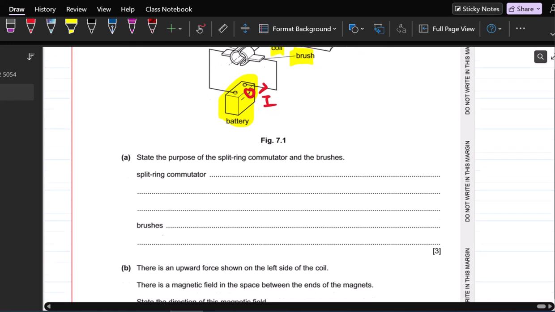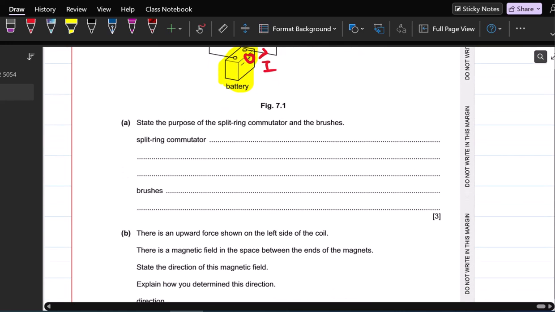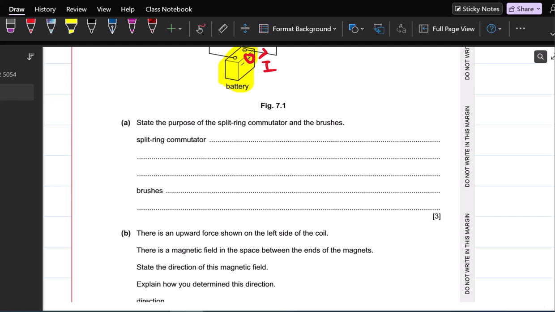So state the purpose of the split ring commutator and brushes. Okay. Split rings, you know why it is used.